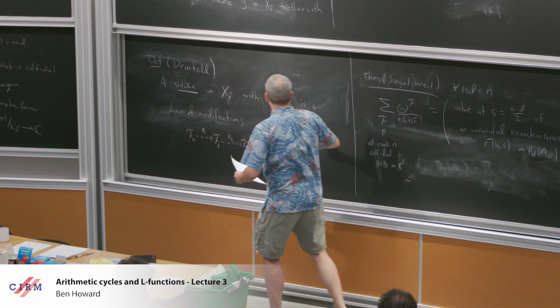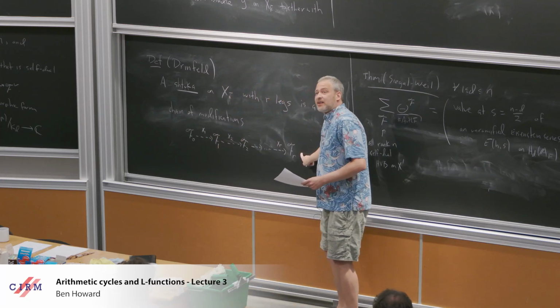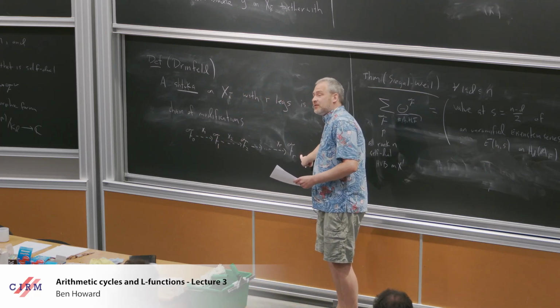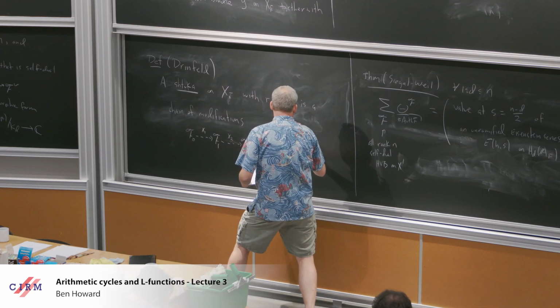These are vector bundles on X_k-bar, modify, modify, modify, you modify it r times, and at the end, you demand that you get back not the thing that you started with, but its Frobenius twist.